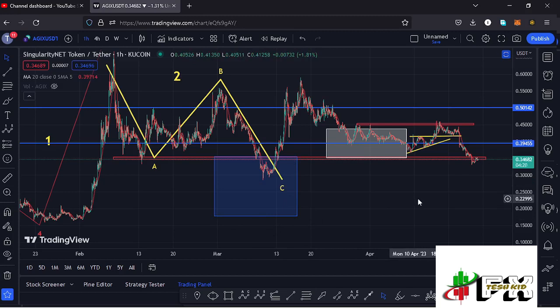So this is a move that we need to be watching out for here on the AGIX chart in case further breakdown continues.